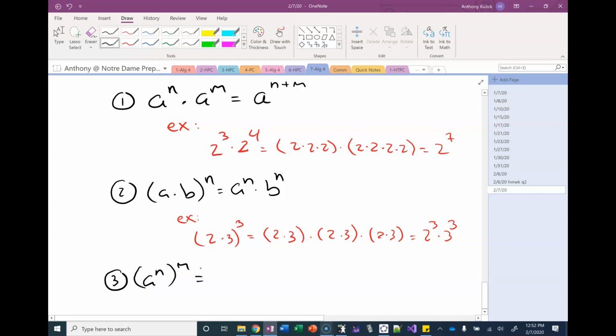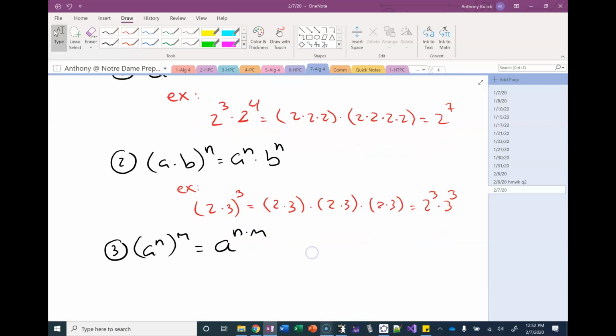So if I have an exponent of an exponent, what do I do there? I multiply the exponents. So for example, if I have 2 squared cubed, that means I have 2 squared times 2 squared times 2 squared.